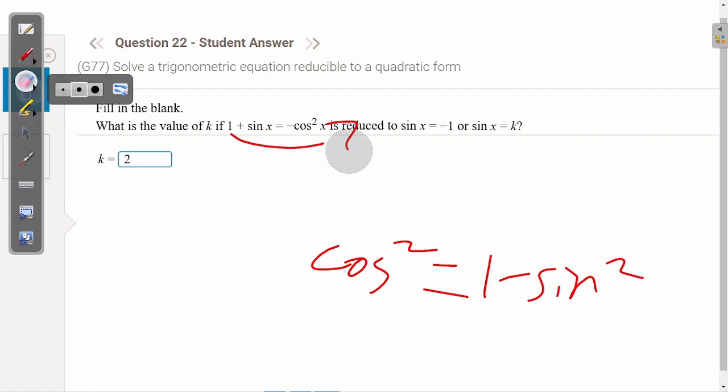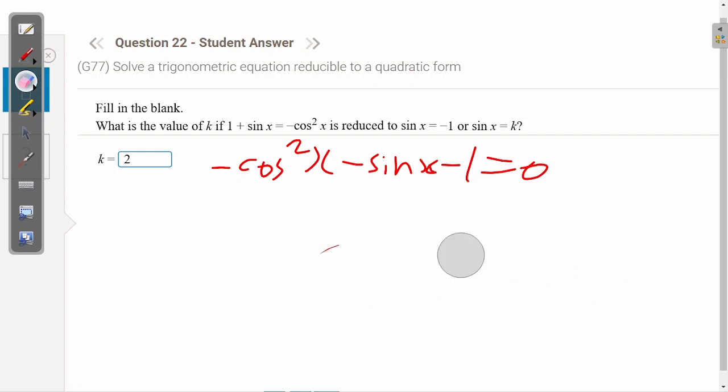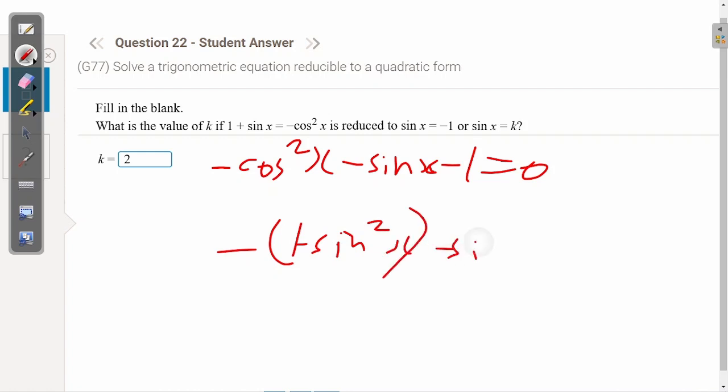So negative cosine squared x minus sine x minus 1 equals 0. Now I'll substitute negative 1 minus sine squared x minus sine x minus 1 equals 0.